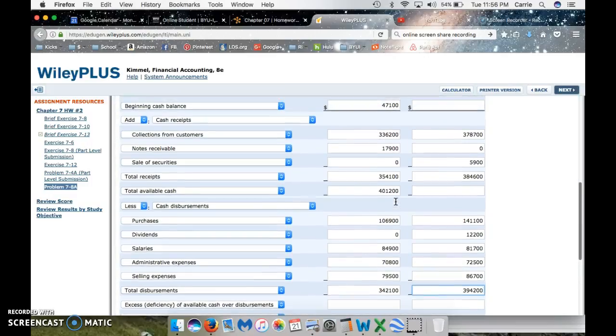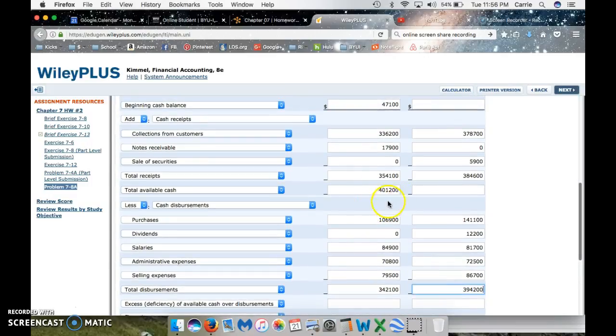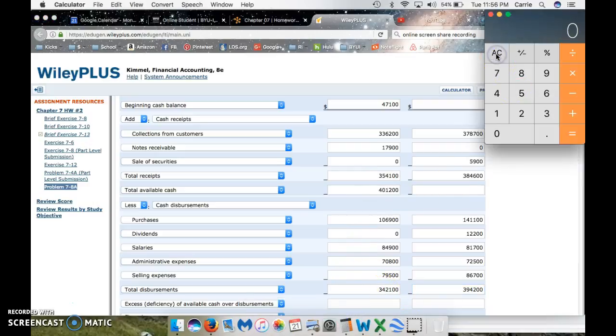Okay, so we have our available cash here. We need to subtract that to get January's number. So 142 minus 342.1. So that leaves us with 59.1.